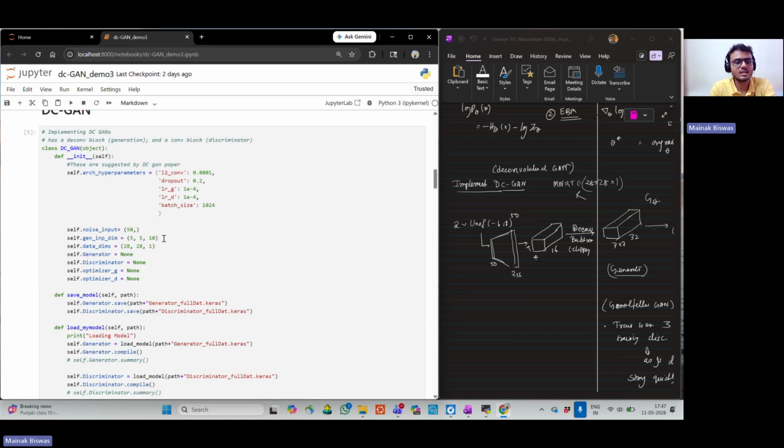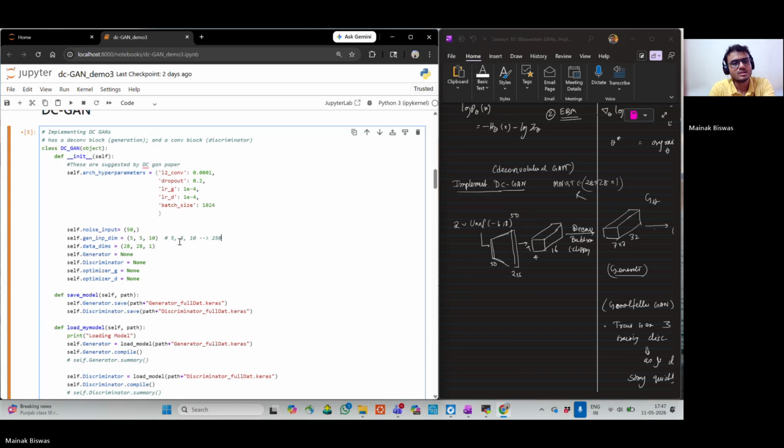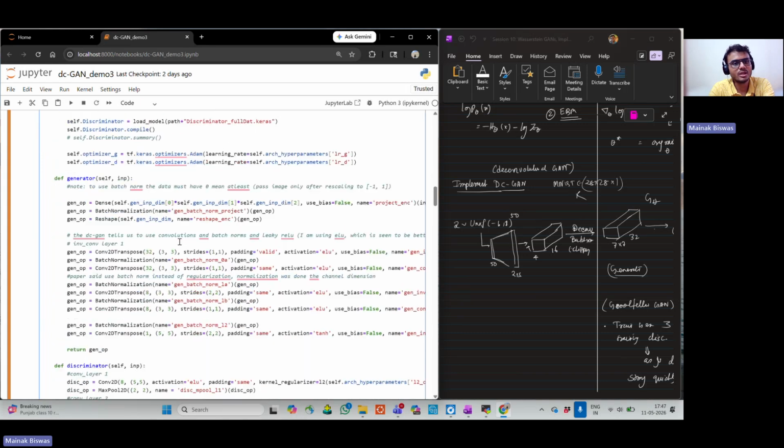I took a 50 dimensional input and converted it to, as I was saying 256, I converted it into 5 cross 5 cross 10, which is a 250 dimensional vector. Let me show you what I'm doing in this generator.